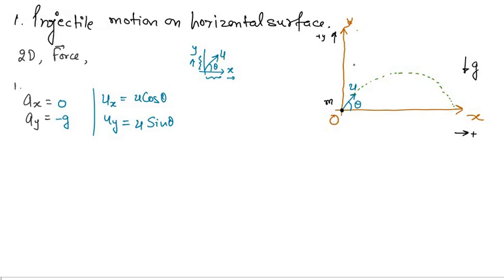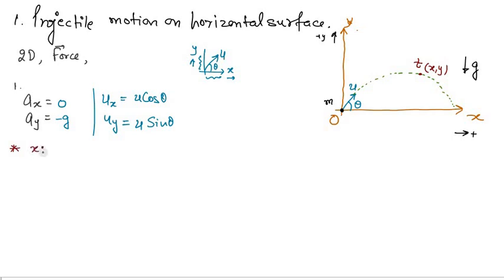Now let us consider at any given instant of time t, the position of this particle will be at x comma y, and I am interested in these coordinates x, y and time t. So now I am going to write the equation of motion.